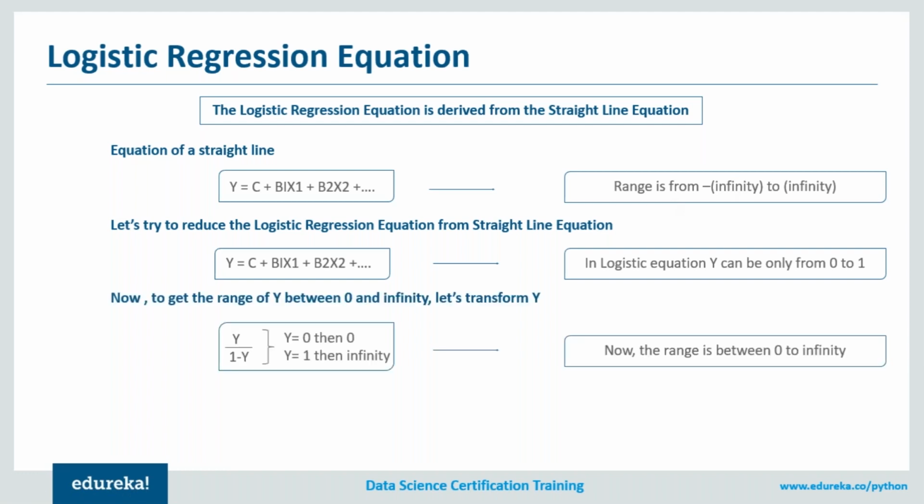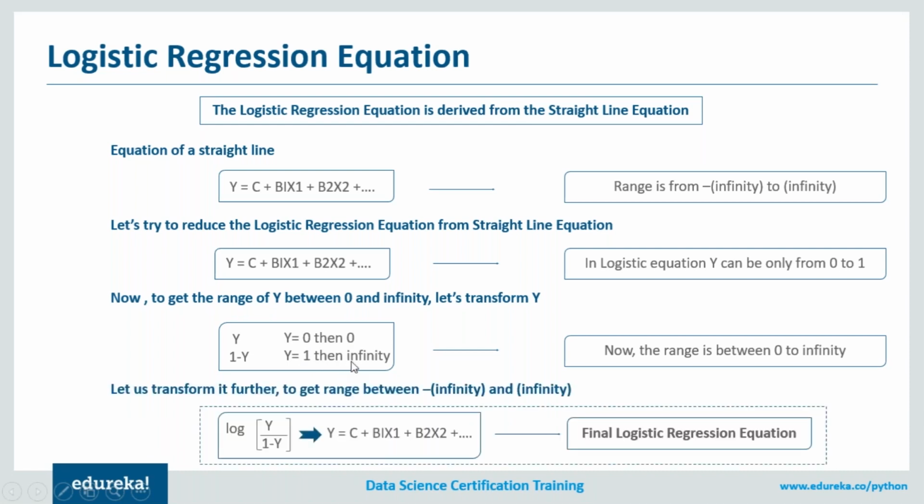So when we have to make it between 0 and 1, we will start with 0 to infinity, that is y/(1−y). When y is equal to 0, then it becomes 0 to infinity, and similarly the other way around, when we have to make it minus infinity to plus infinity, we add the log, and we get this equation.